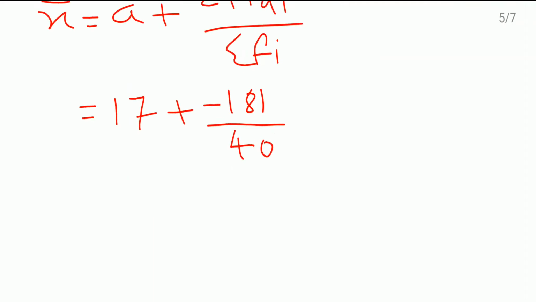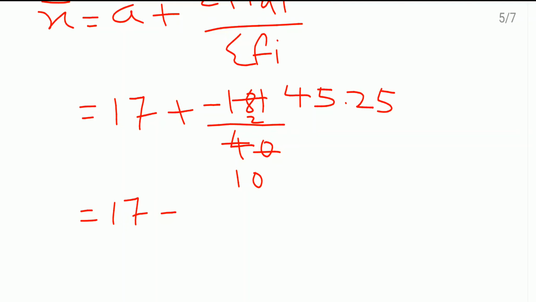Now this 17 will be as it is, plus minus minus. Here 4 ones are 4, 4 fours are 16, then 4 fives are 20.